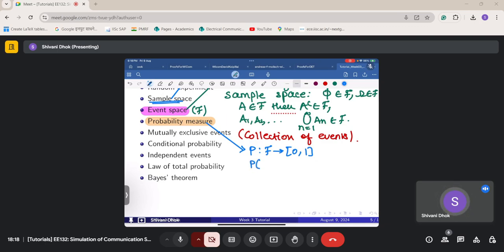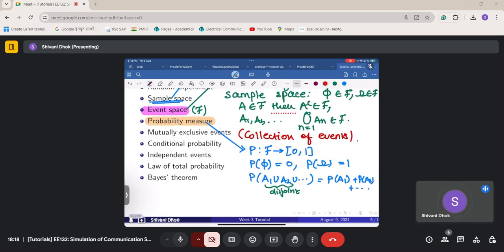So the probability of the null set is 0, the probability of the sample space is 1, and if I have the probability of A1 union A2 union and so on, and all of these are disjoint, then this will be equal to probability of A1 plus probability of A2 plus and so on. Another thing that we had seen was the inclusion-exclusion principle, that is, probability of A union B equals probability of A plus probability of B minus probability of A intersection B.